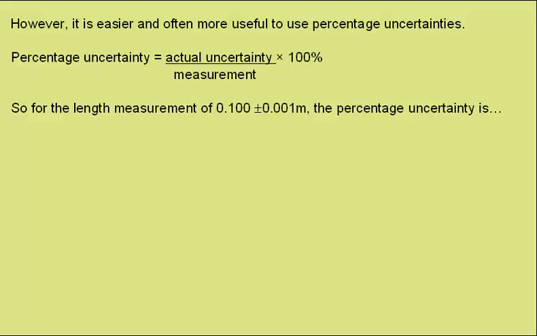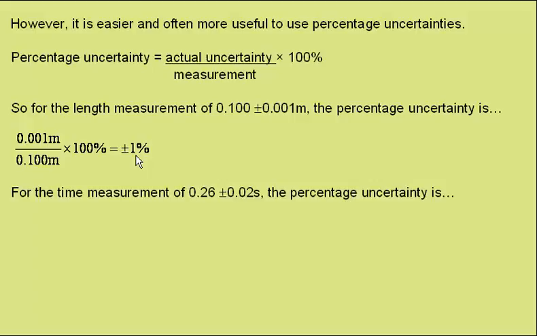So for the length measurement of 0.100 plus or minus 0.001 meters, the percentage uncertainty is our uncertainty of 0.001 meters over our measurement of 0.100 meters, times 100, which gives a figure of plus or minus 1%. For the time measurement of 0.26 plus or minus 0.02 seconds, the percentage uncertainty is the 0.02 seconds uncertainty over the measurement of 0.26 seconds times 100, or plus or minus 8%.